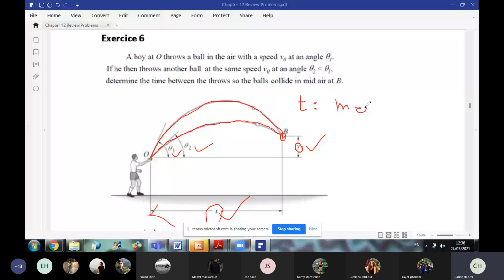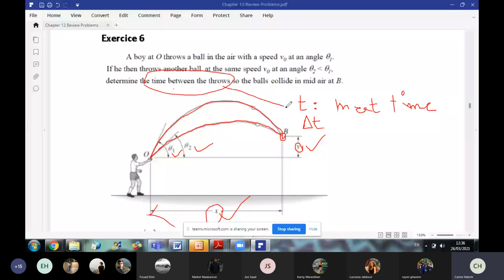The second unknown is delta t, which is the time elapsed between throwing A and B, the time between the throws. This is what we want to calculate.